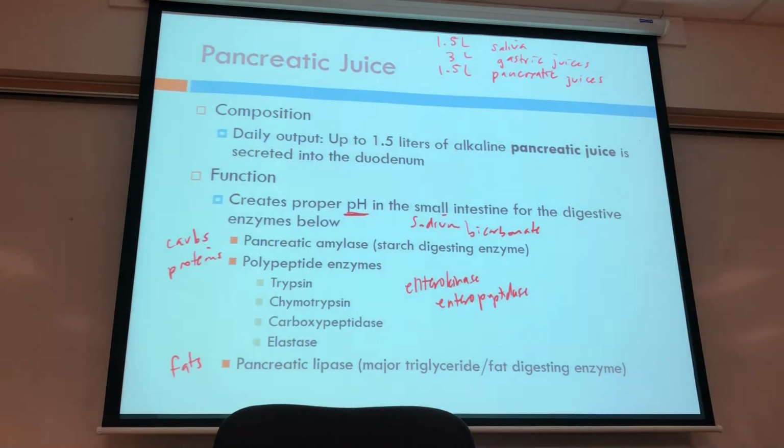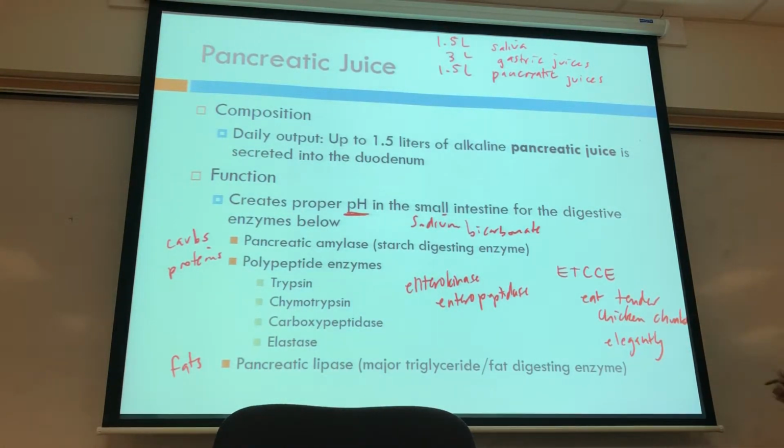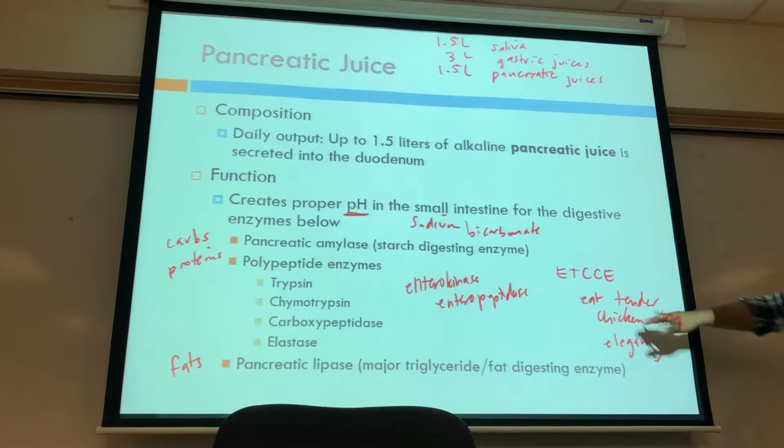So the acronym here that they use in medical school is ETCCE for eat, tender, chicken, chunks, elegantly. I know these are silly, but that's how you remember these things. So these ETCCE is what's used, and that helps you remember elastase, trypsin, chymotrypsin, carboxypeptidase, as well as enterokinase.